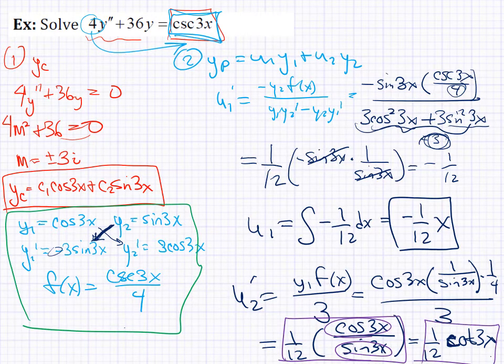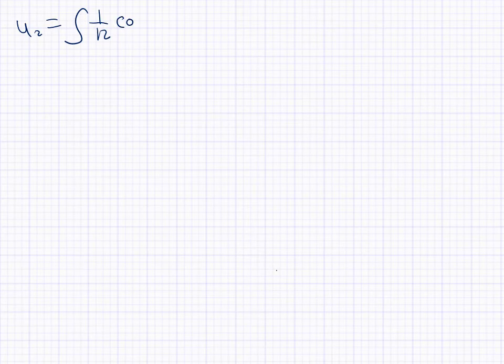Either way, you should be able to handle it, but we're going to have to integrate that to find what u2 equals. So u2 is going to be the integral of, what did we say? We said 1/12 cotangent 3x dx.